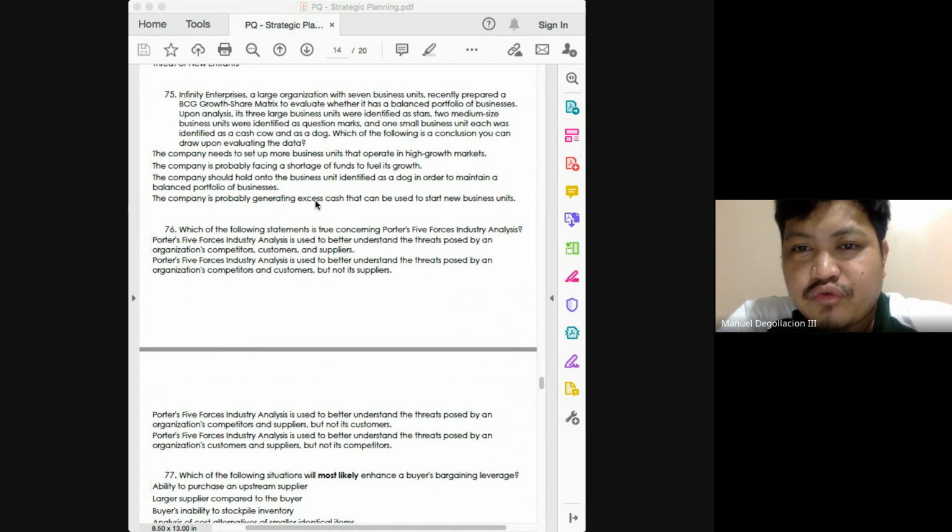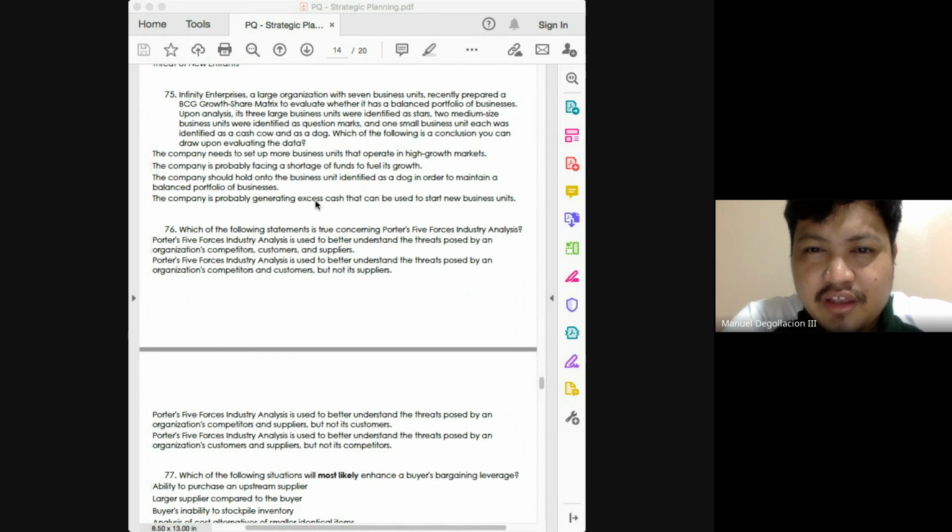Which of the following is the conclusion you can draw from evaluating the data? The answer here would be the second choice, that the company is probably facing a shortage of funds to fuel its growth.